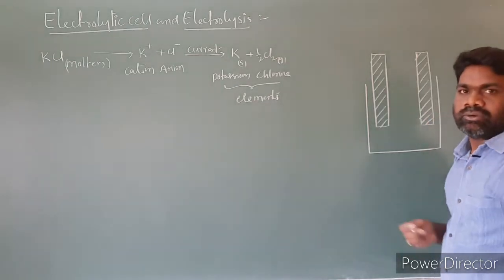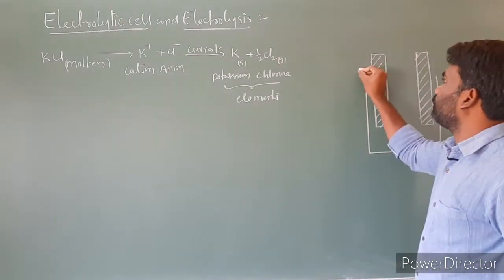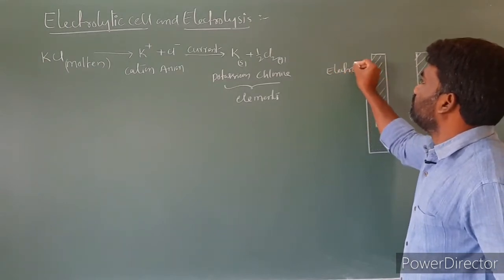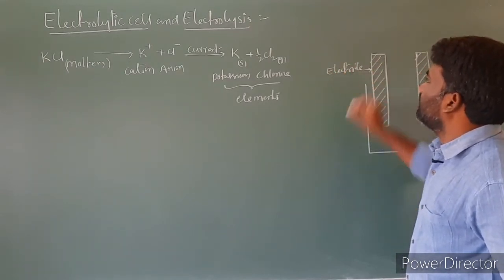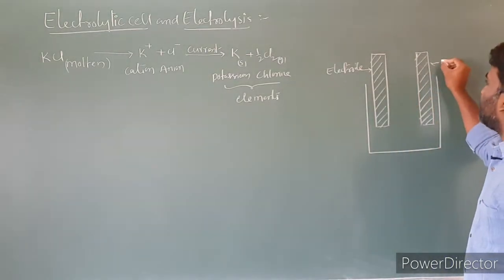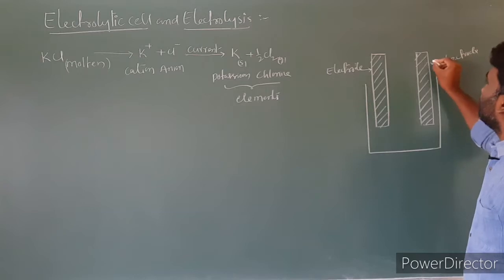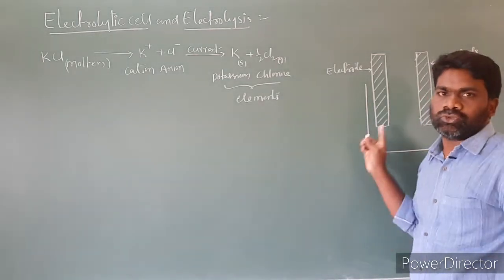The electrolytic cell consists of two electrodes. This is one electrode, and this is another electrode.